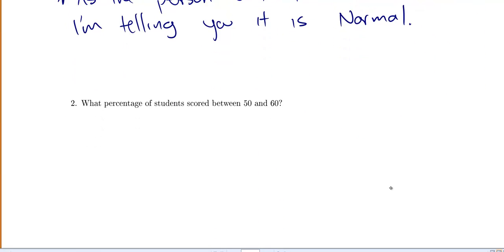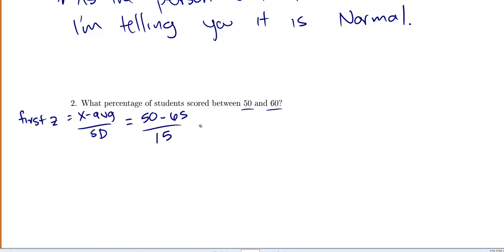Number two, what percentage of students scored between 50 and 60? That's those two different x values, so we need to find two different z values. So for my first z, it would be x minus the average divided by the standard deviation. So my x is 50 minus my average of 65 divided by my standard deviation of 15. That gives me -1.